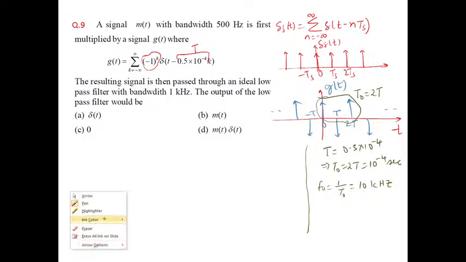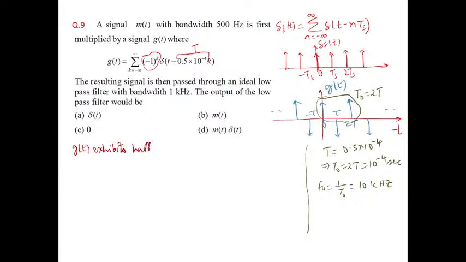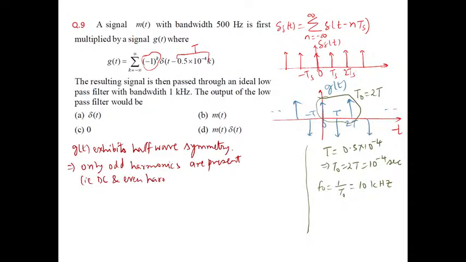Now, there is one more very important thing. This signal g(t) exhibits half wave symmetry. Now, if g(t) exhibits half wave symmetry, this implies only odd harmonics are present. That is, the DC component and even harmonics are not present.